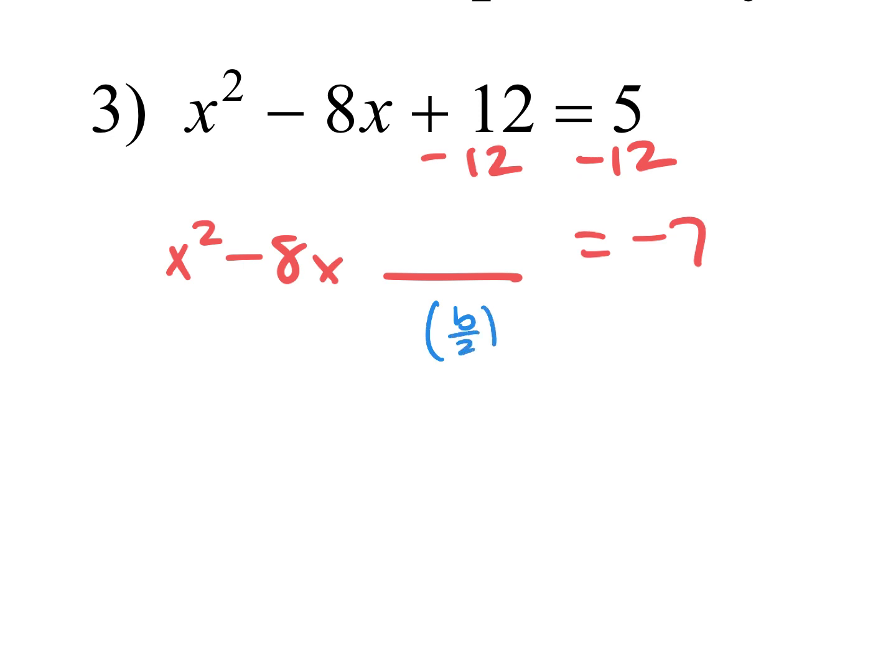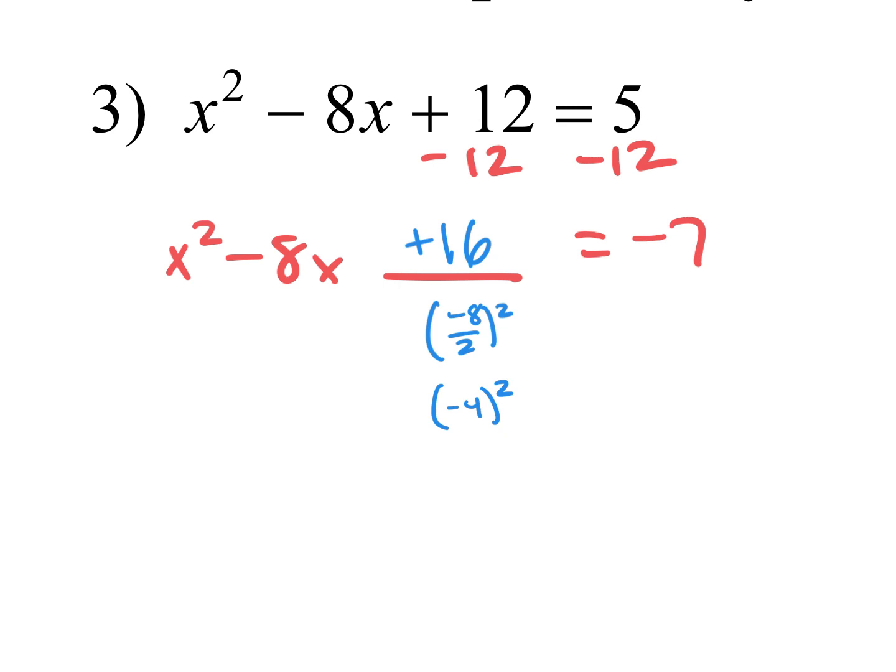B over 2 squared. And what's b? Negative 8. So this is negative 8 over 2 squared. What's negative 8 divided by 2? Negative 4. And what's negative 4 squared? 16. So 16 completes the square here. I'm adding 16 in this space.